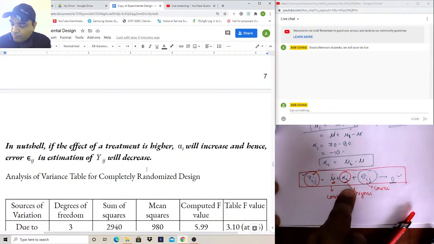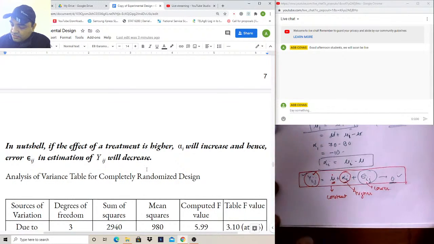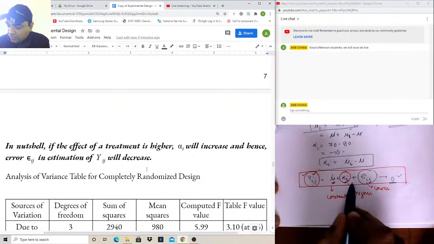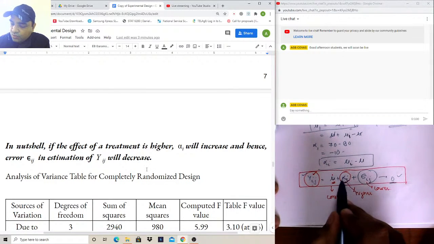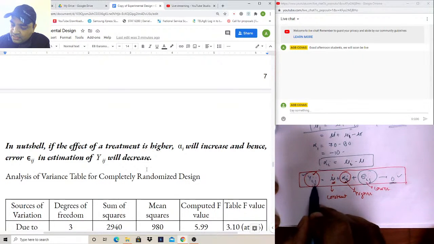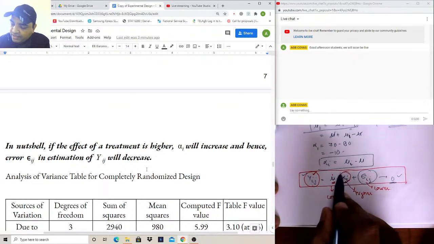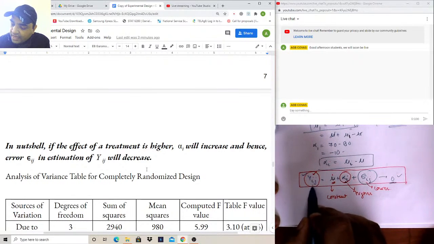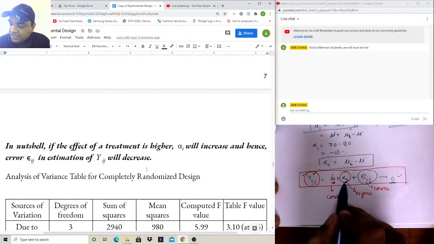So this is very important, this is constant, this depends on these two values, and if we have selected such a factor that this value contributes higher, the error in the estimation of this value will be lower, and hence we have found a variable which is actually causing an effect on the response variable, which can be estimated using the ANOVA.